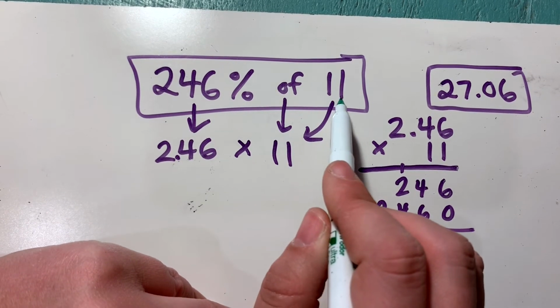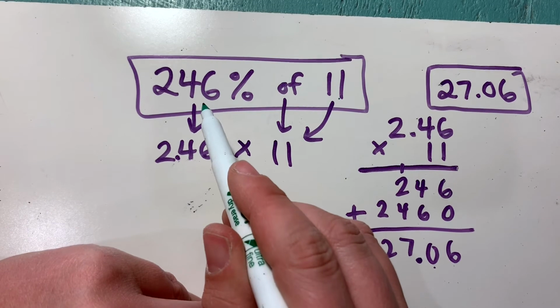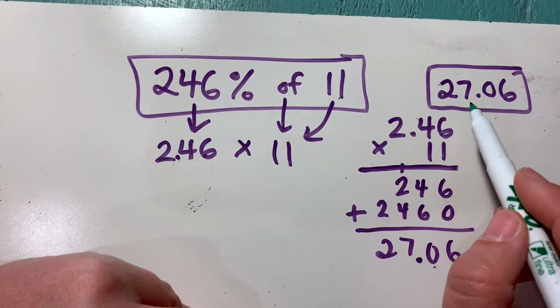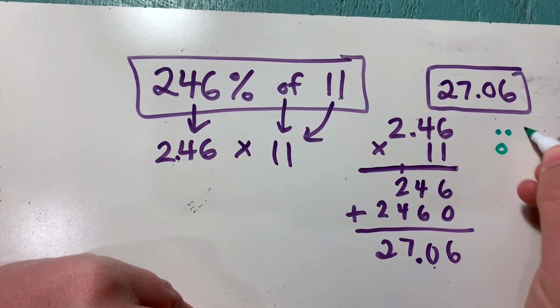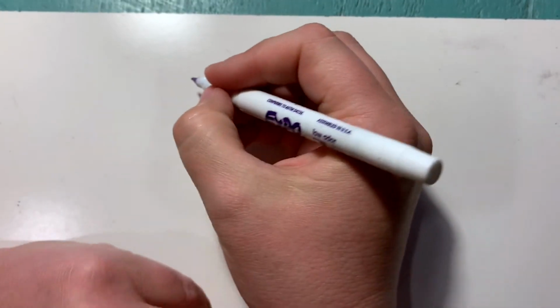So if a pair of $11 socks is marked up by 246%, they're going to be sold in the store at Pier 39 for $27.06. That is ridiculous.